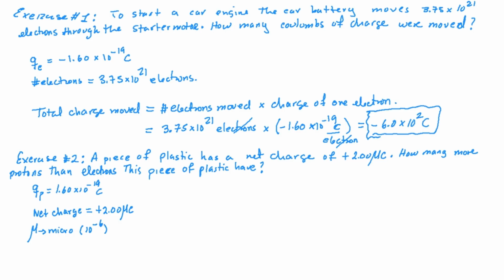So when they say that we have 2 microcoulombs of net charge, they say that we have positive 2.00 times 10 to the negative 6 coulombs, because each microcoulomb is 10 to the negative 6 coulombs. So we can substitute the microcoulomb by 10 to the negative 6 coulombs. Now, what are we doing next? We can now divide to calculate the number of protons in excess.